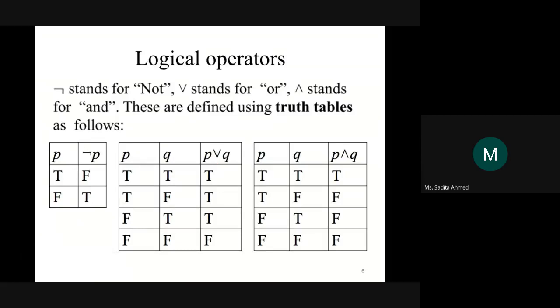So in case of P or Q or R, only the combination where all of P, Q, R are false will have the output false. Other than that, the rest of the combinations will have a truth value of true in the output. Because in case of OR, as long as at least one of the input variables is true, the output will be true.